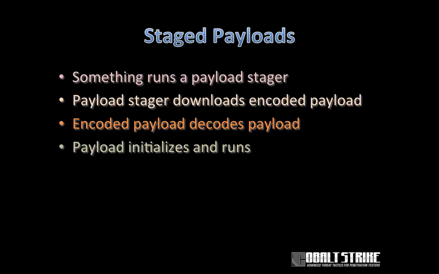So encoding is an obfuscation step. The encoded payload is then run, and the encoded payload decodes the payload like beacon in place. Execution is then passed to the payload itself, which initializes itself and runs. These are the 4 steps in the offense chain when dealing with a payload stager.